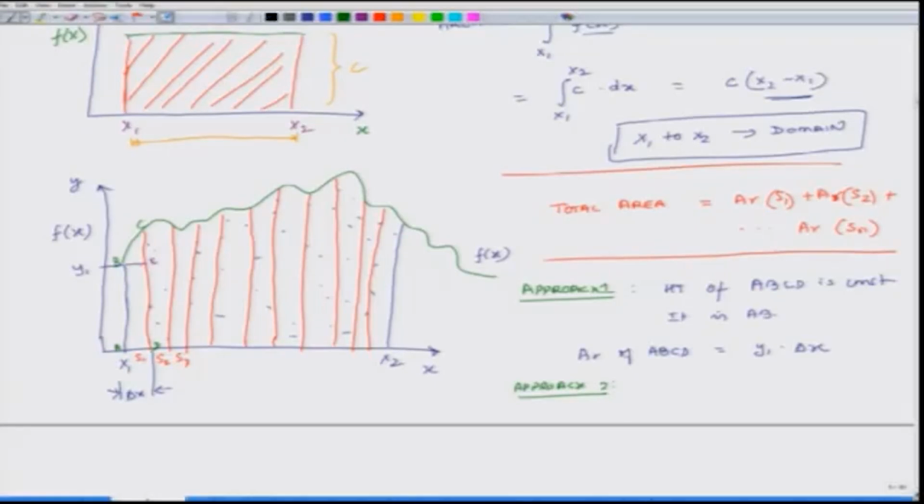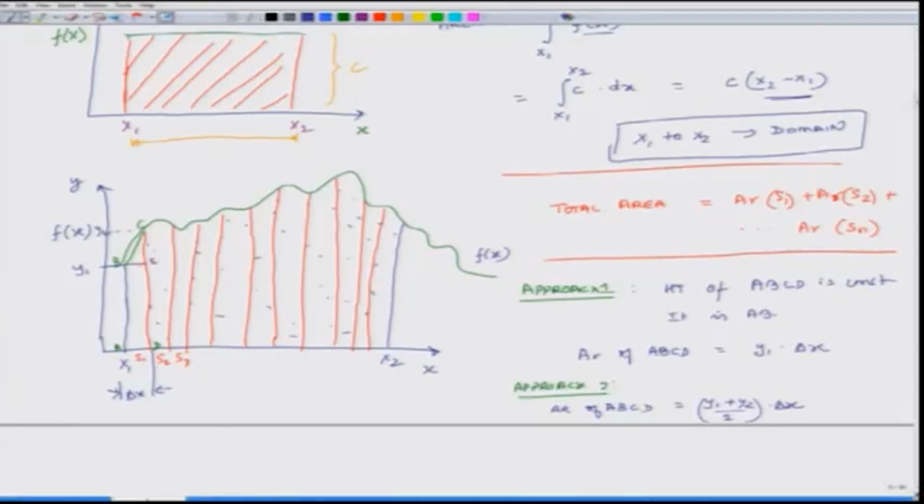If I treat it as a trapezoid, then I draw a straight line between B and C. In this case, suppose the height at point C is y2, then the area of ABCD is (y1 plus y2) by 2 times delta x. So, this is the second approach.